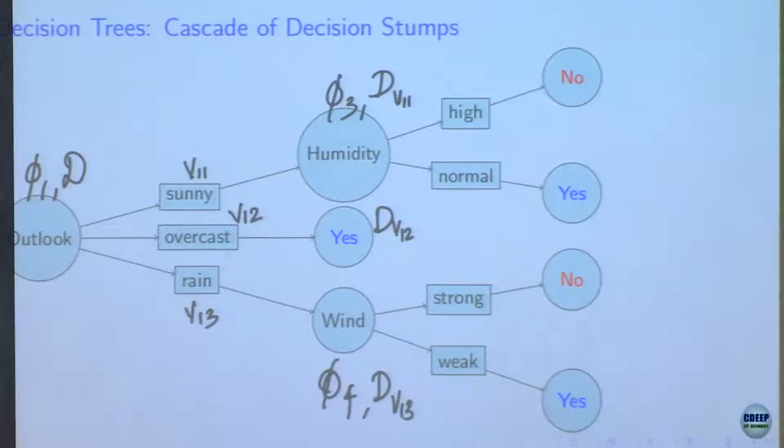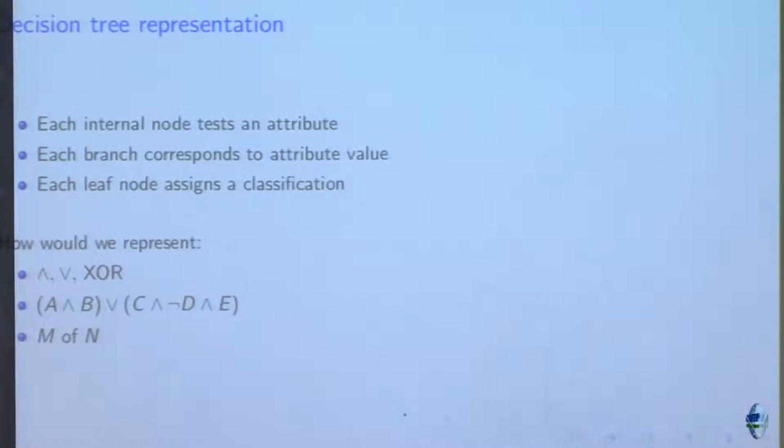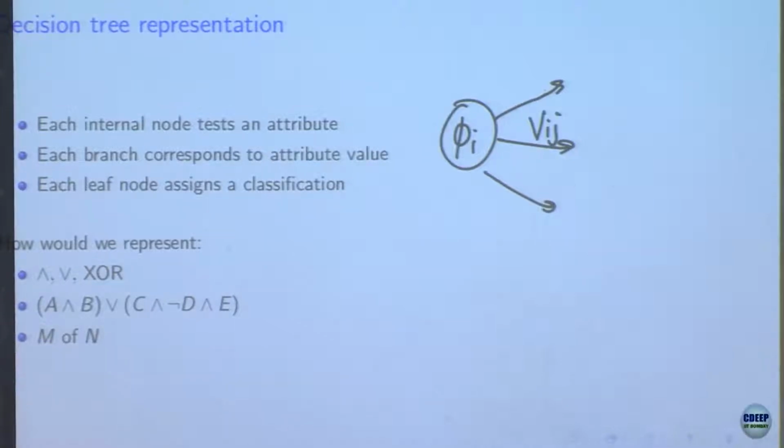We'll only be interested in what the previous state was and what the next state is. So this is a decision tree representation. Each internal node tests an attribute, each branch corresponds to an attribute value, and each leaf node assigns a classification. So you are testing some attribute phi i, and each branch corresponds to an attribute value Vij, and then it might happen, like in the case of outlook, that some branches are just leaves, which is because they are very pure.